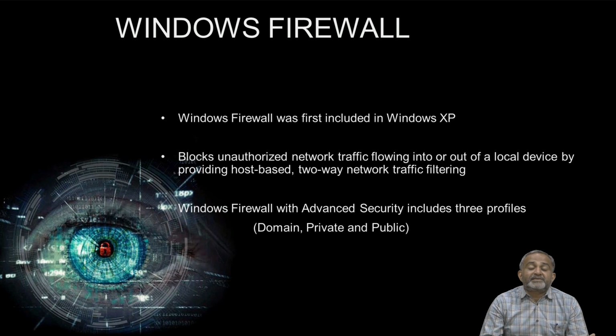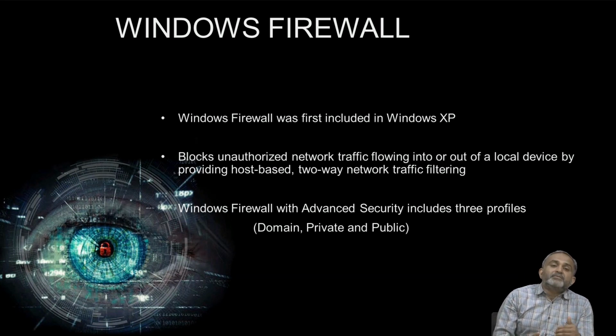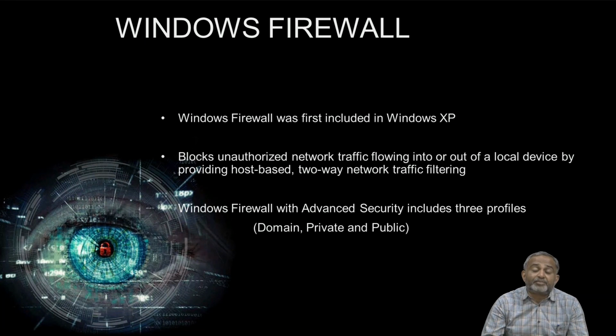Now the public profile. The assumption for the public profile is that a particular person is accessing the internet or outside network from a public place. Another assumption is that the surrounding devices connected to the same network are not trustable.